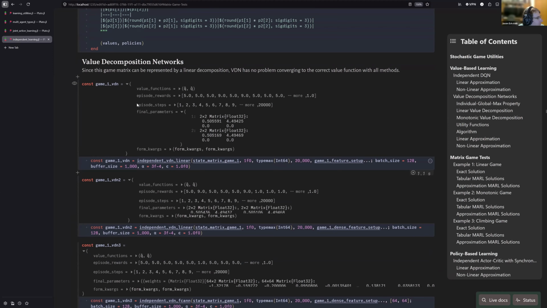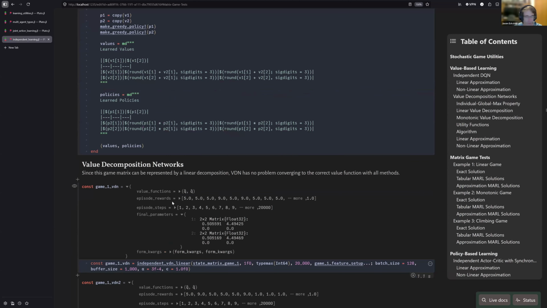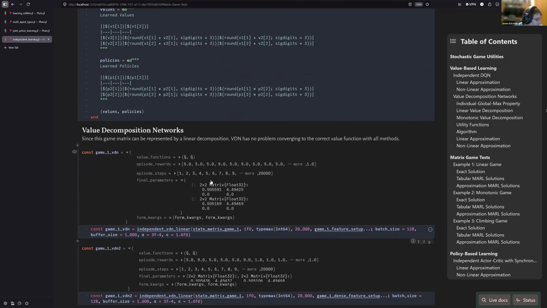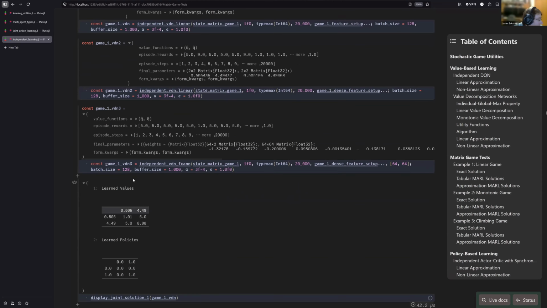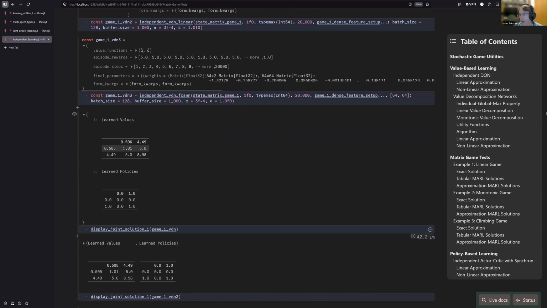So that's the difference between this and the IDQN, or the independent Q learning. The independent Q learning is getting the optimal policy, but we could see it's not getting the correct values, even though there is a correct way to decompose these values. And again, each time we do a gradient update here, we're using all that shared information because we're also using the value function output of the other agents as well.